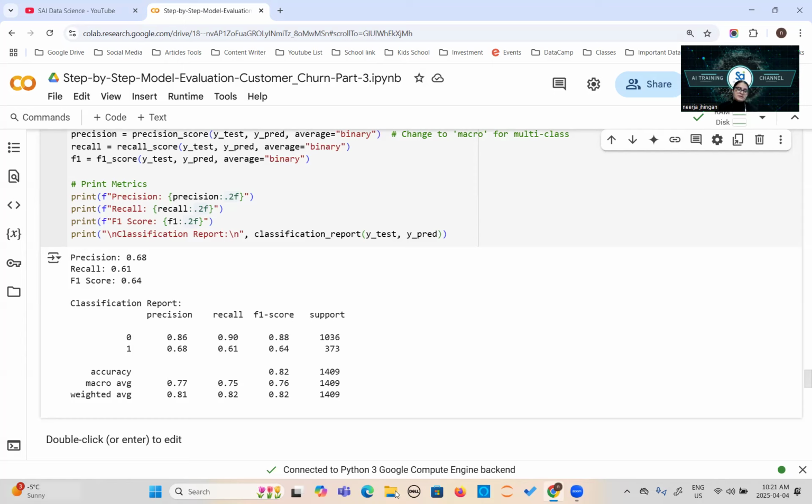Here the precision is 68%. This means your model was able to correctly predict actual positive cases 68% out of 100%. If you have 10 records, as I showed you in the whiteboard example at the start of the video, it was able to predict only 4 cases correctly which were actually positive.